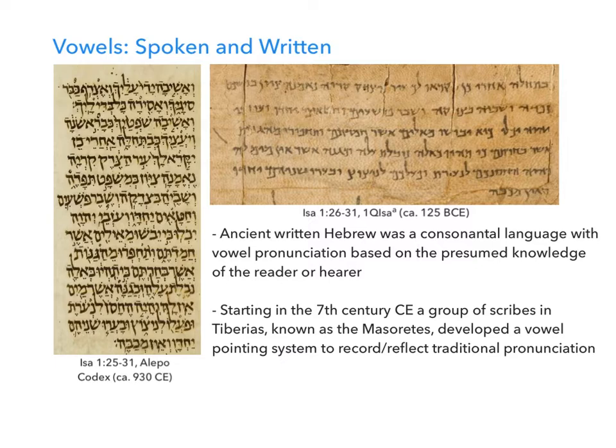In English, we could imagine how that could quickly get into some difficulties if we take the English consonants D and G, and imagine the different vowels we could put in between those consonants. We get potentially a number of different words: dig, dug, dog, which all mean very different things.